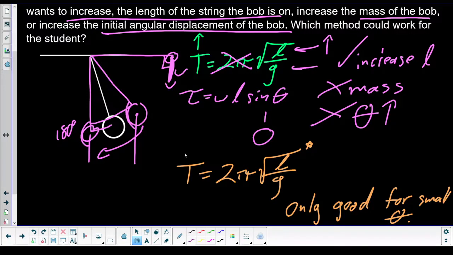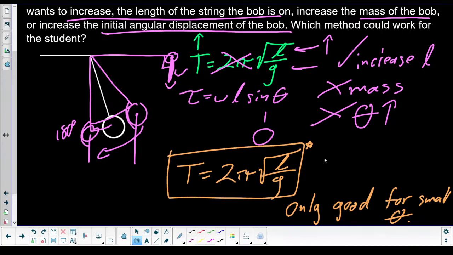When they come up with this formula, when the proverbial they come up with this formula, they do an approximation that you should be aware of. They kind of look at this torque, and at some point they say sine theta equals theta. Okay, let me say that again. The sine of the angle is equal to whatever the angle is.